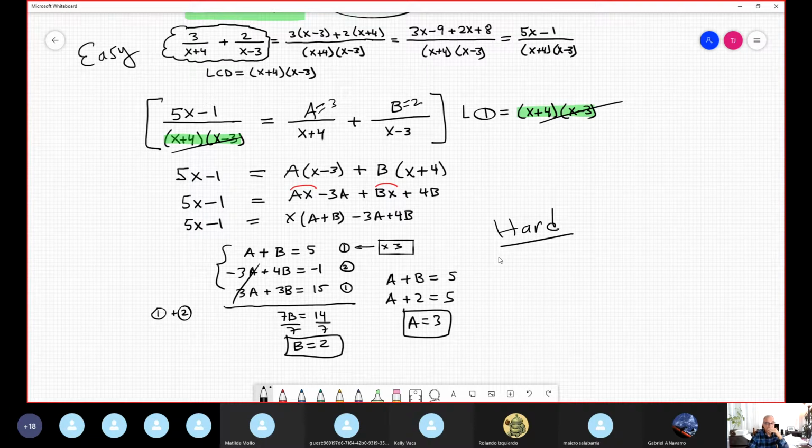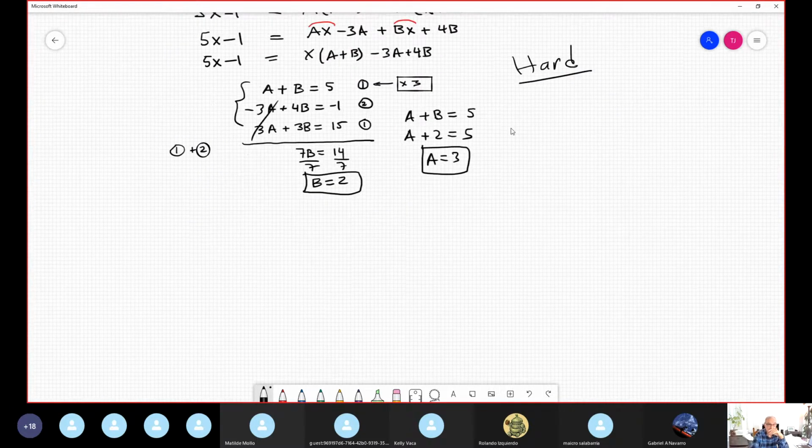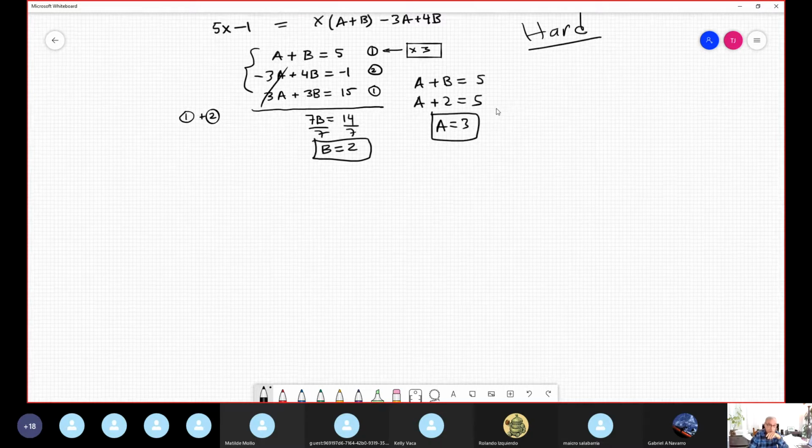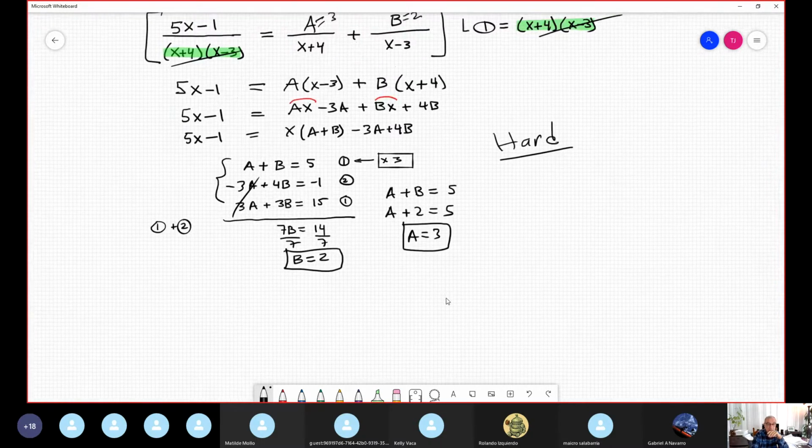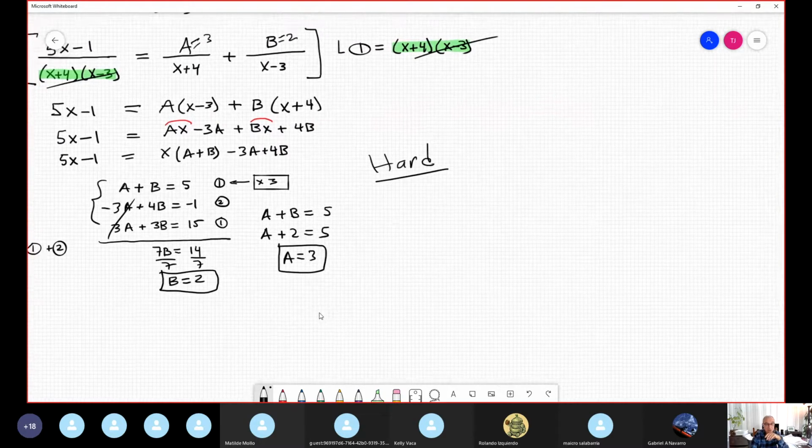This is one method that I consider hard, but sometimes it's impossible only doing it this way. A shortcut to do super fast is in this moment, look, let me take advantage of this. In this moment, okay, I have this step.